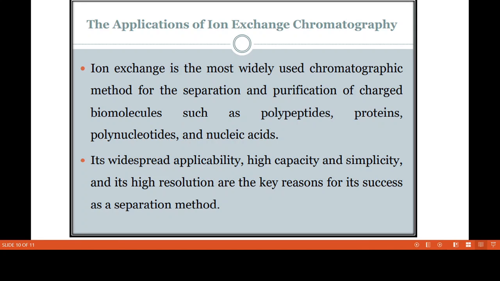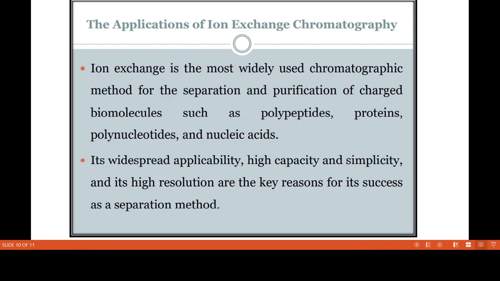Its widespread applicability, high capacity, simplicity, and high resolution are the key reasons for its success as a separation method. So it is one of the important methods, ion exchange chromatography.